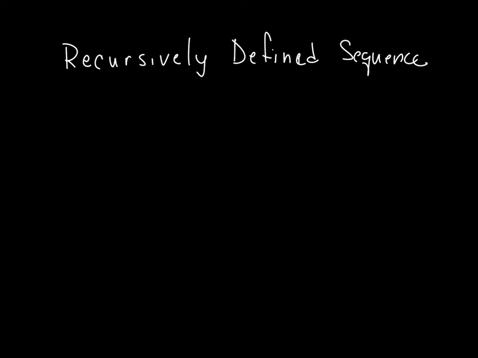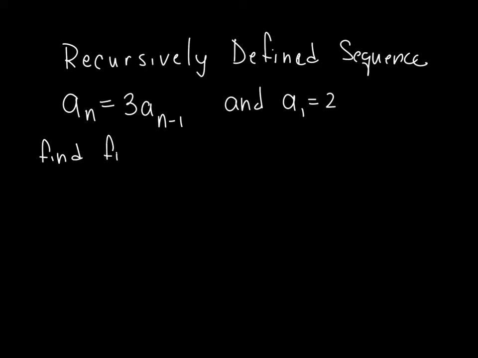So with this question, I'm going to define a sub n is equal to 3 times a sub n minus 1. And I'm going to tell you that a1 is equal to 2. The question will be to find the first 4 terms.